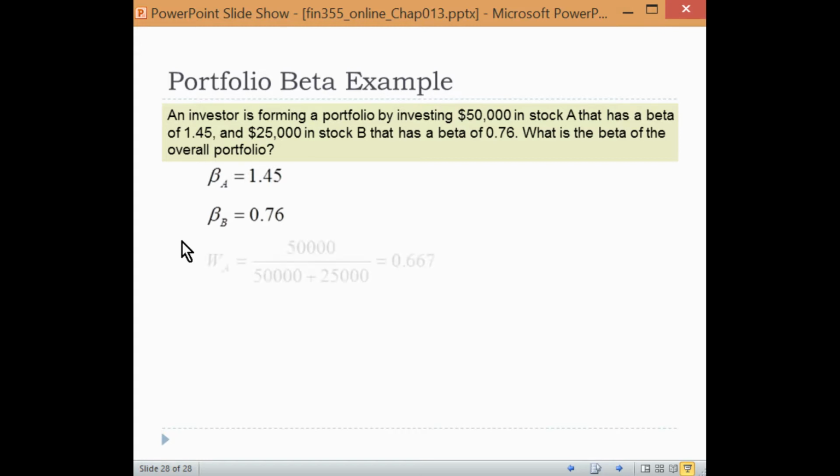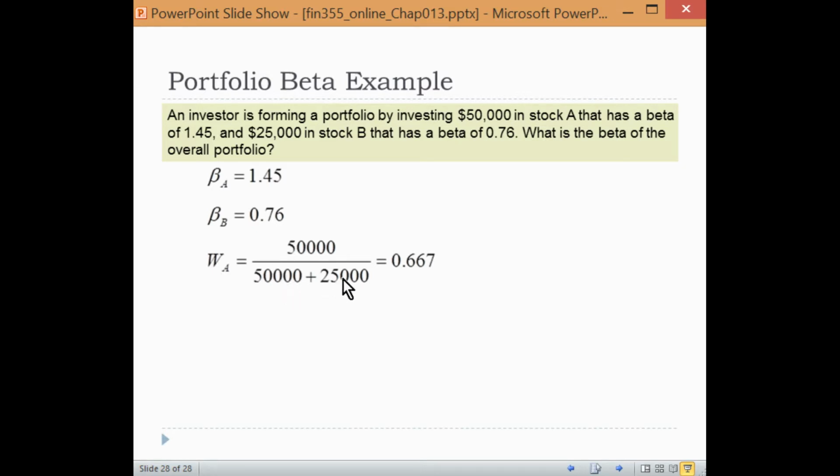What do we mean by weights, or what do we use for weights? Well, think about it. This investor is investing $75,000 in total, $50,000 in stock A, $25,000 in stock B.